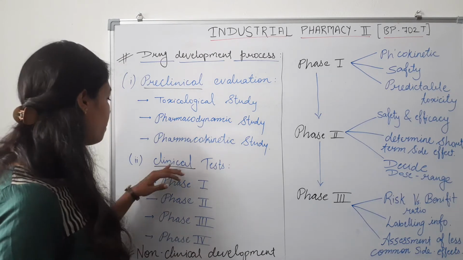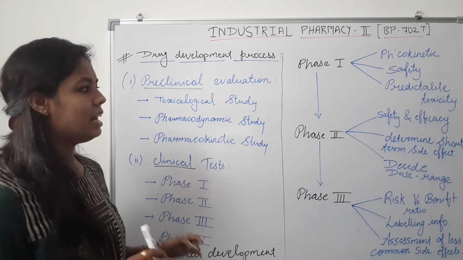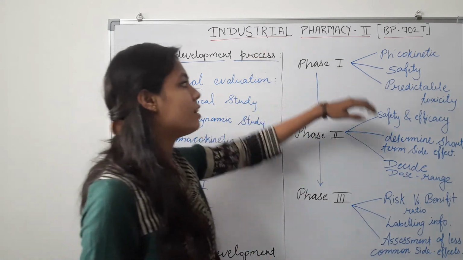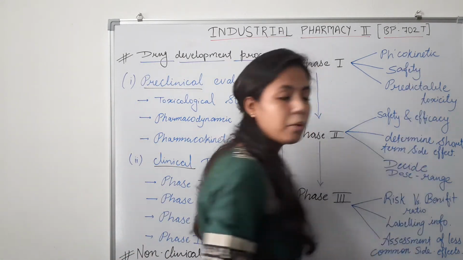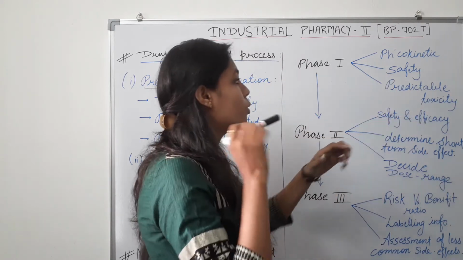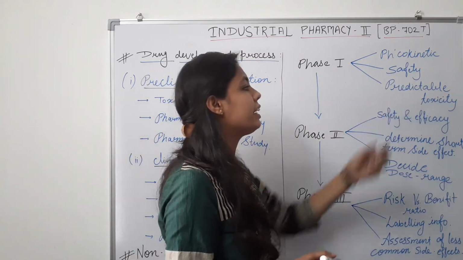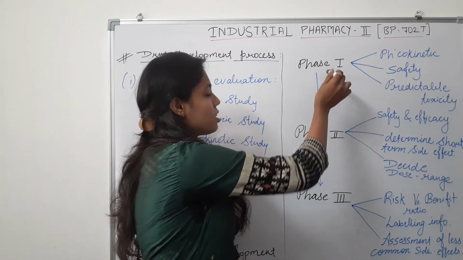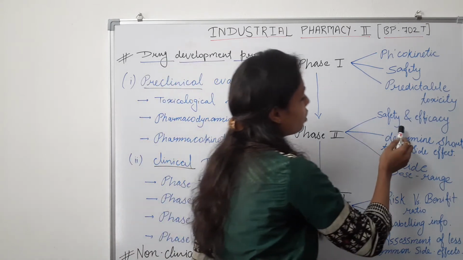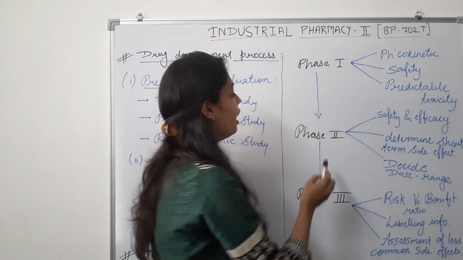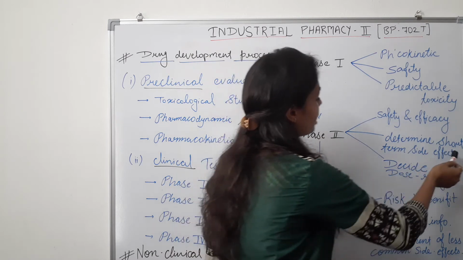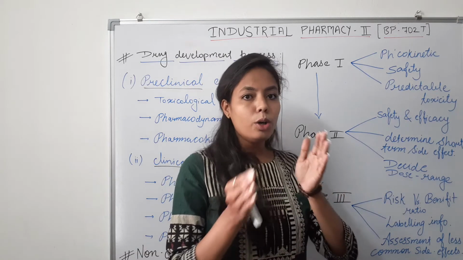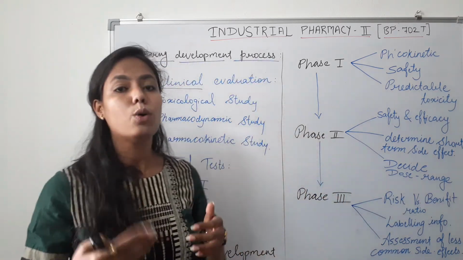Now let us discuss the objectives of these phases. In phase 1, we determine the pharmacokinetic profile of the drug to ensure the safety of the drug and predict the various toxicities. In phase 2, we talk about the safety and effectiveness of the drug molecule, also determine the short-term side effects of that particular compound, and decide the dose regimen, or we can say dose range.